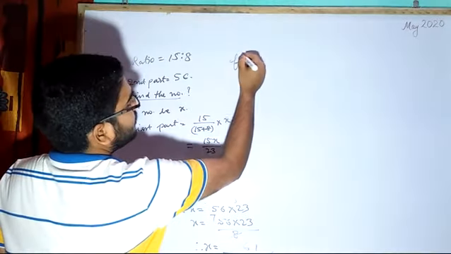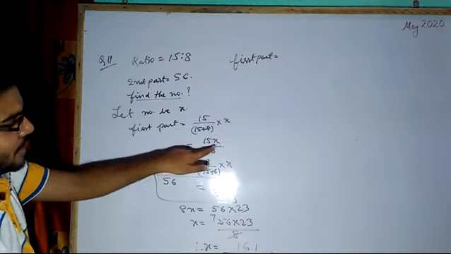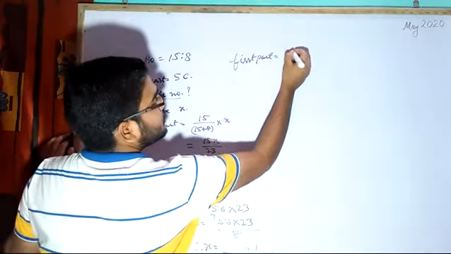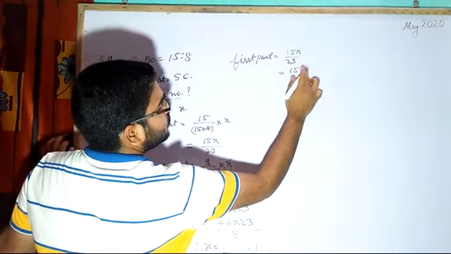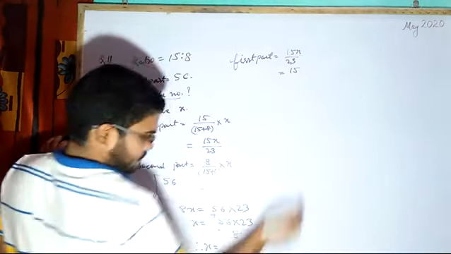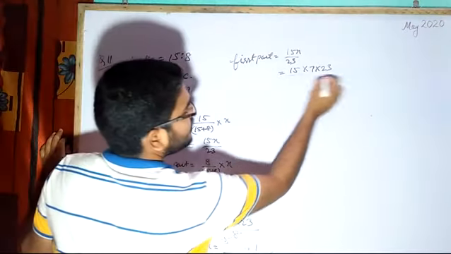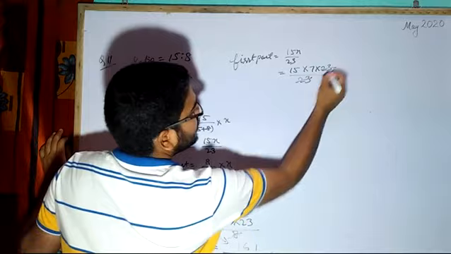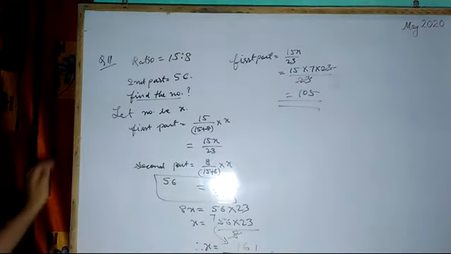So first part will be equal to, we have framed the equation, 15x by 23, that means 15 into 7 into 23. 23 cancel. 15 sevens are 105, so first number will be 105.